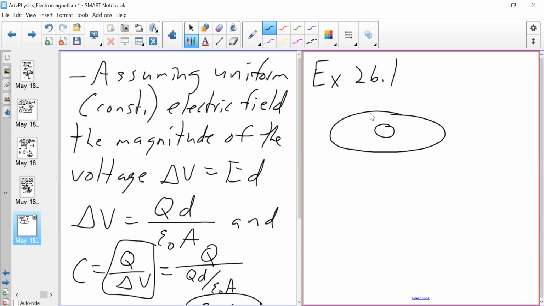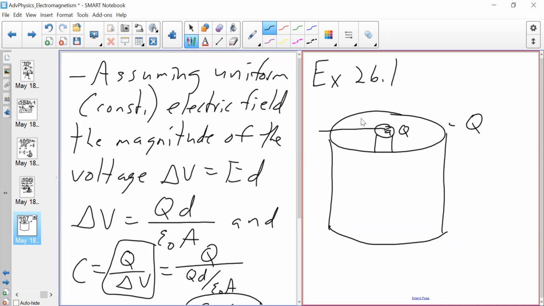You have a cylinder inside, and then this is like a coaxial cylindrical shell with a cylinder inside. So this one has charge Q, and this one has negative Q. This is radius A, and then this one would be radius B.